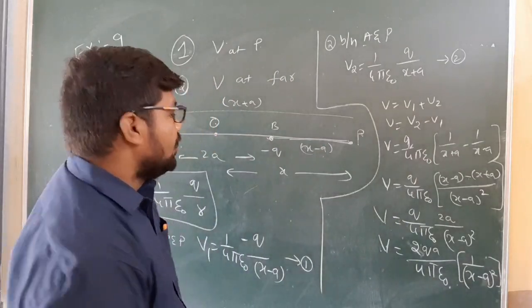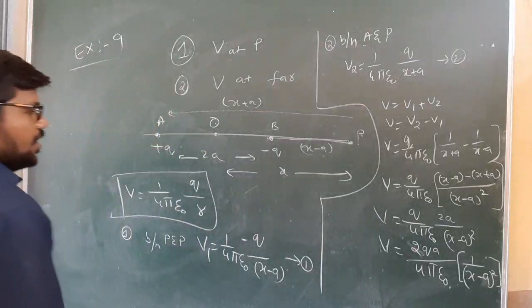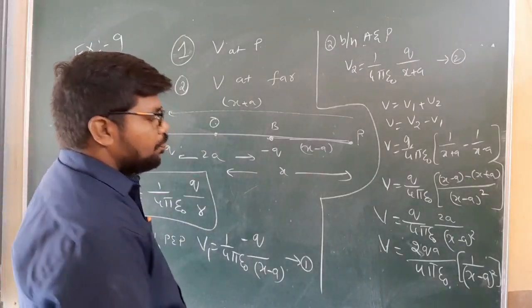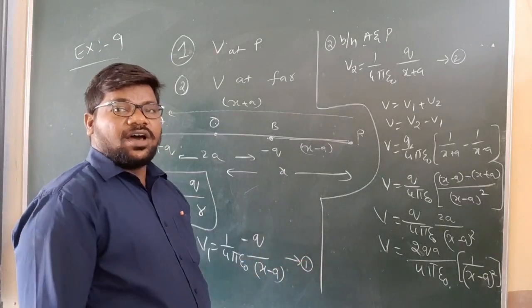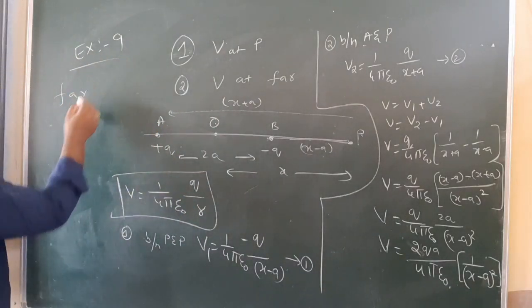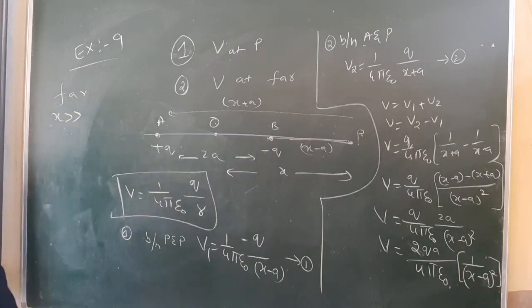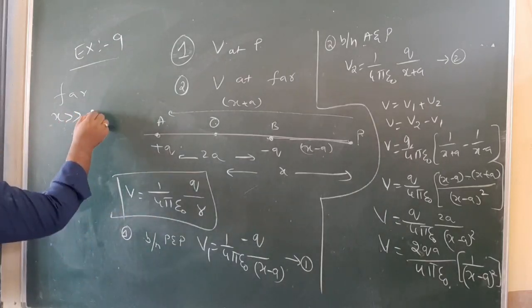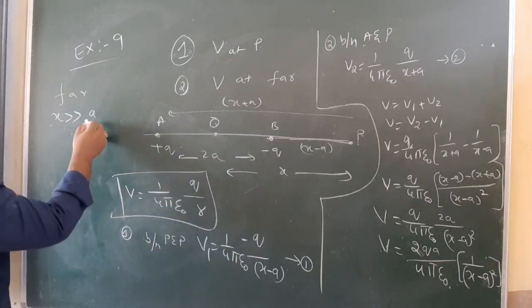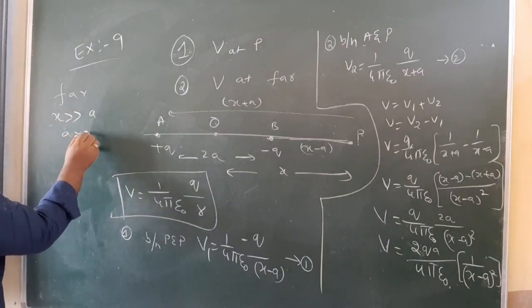Then V at far distance. My children, V at far distance means what? x is very much greater than A, so we ignore the A value. A becomes 0.